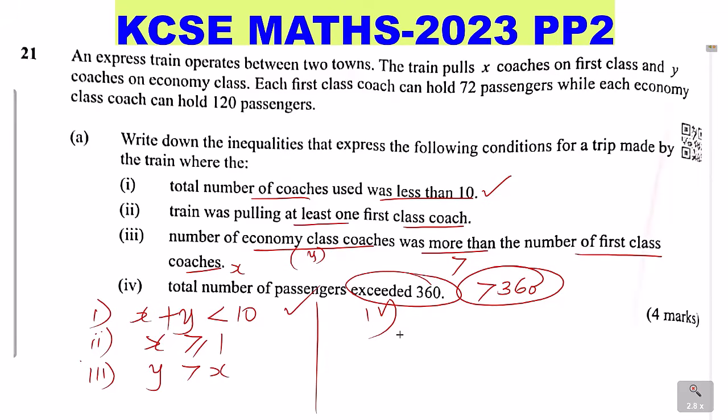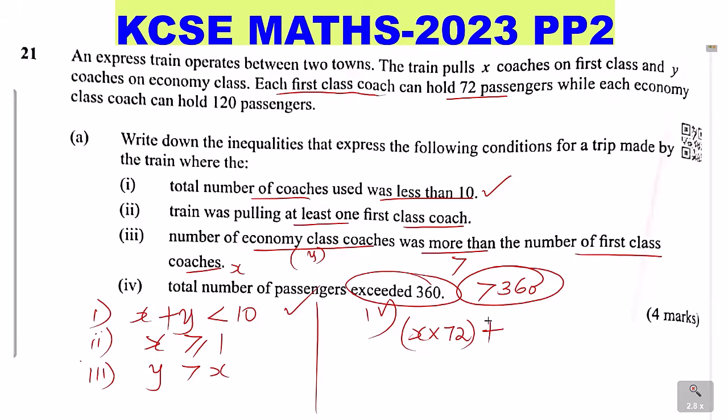So we have X coaches for the first class, and each first class coach can hold 72 passengers. So if there are X coaches and each coach can hold 72 passengers, total passengers will be X times 72. So that one represents the total number of passengers in the first class coach.